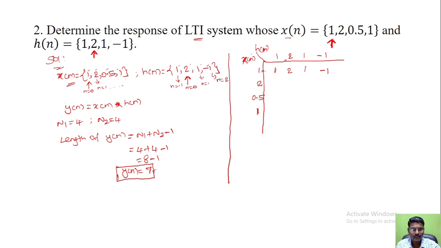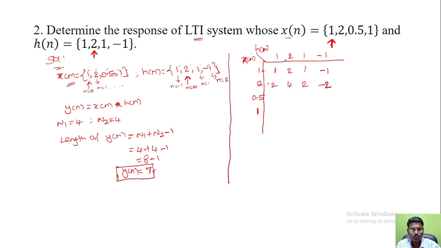Similarly, for the second row, 2 into 1 is 2, 2 into 2 is 4, 2 into 1 is 2, 2 into minus 1 is minus 2, right?